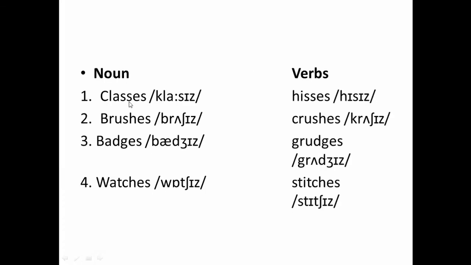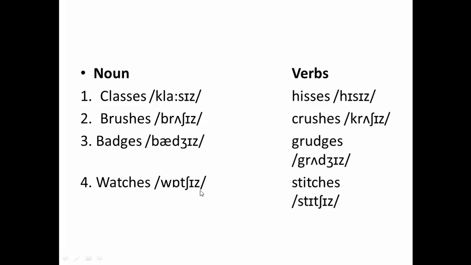Now look at this: sh, j, ch. From the word class, we make the plural and it is classes. From the word brush, we make the plural and it becomes brushes. Badge becomes badges.